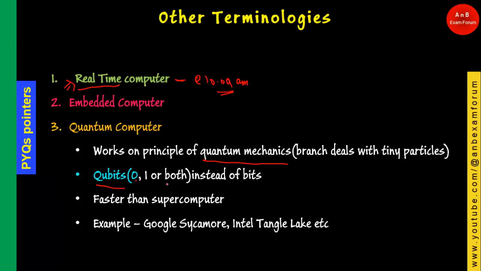These are tiny particles which can be in any state, and if they stay in both states, it is known as a qubit. People say that these are faster, and even Google and Intel are making quantum computers. They are working on quantum computers. Tangle Lake and Sycamore are examples of quantum computers.